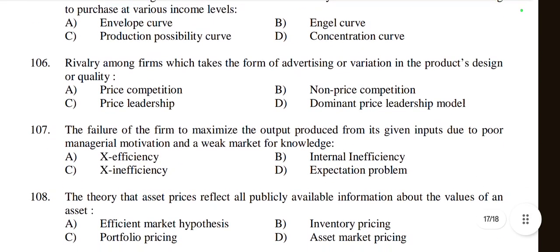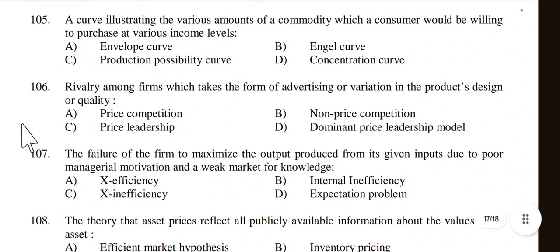Then question number 106, rivalry among firms which takes the form of advertising or variation in the product's design or quality. It is called as price competition, non-price competition, price leadership, or dominant price leadership. Rivalry among firms which takes the form of advertisement, variation in product design or quality. These are not price competition, these are non-price competition.